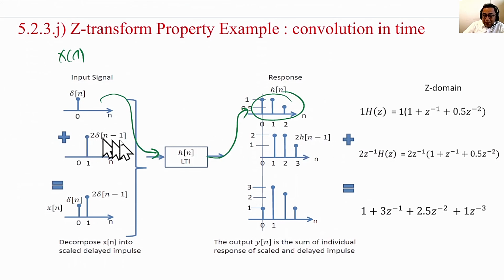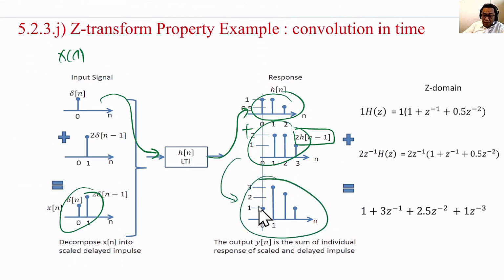The delayed impulse delays h[n], so the output is 2h[n minus 1]. And of course, the final output is the sum of these two signals. So in time, we understand how it's being done.